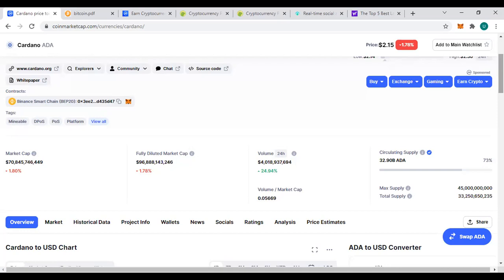You get my point? For instance, for this coin to go to $4, that means we have to have this particular market capitalization double. That means we have to have 1.4 trillion for us to actually have $4 in this particular coin.